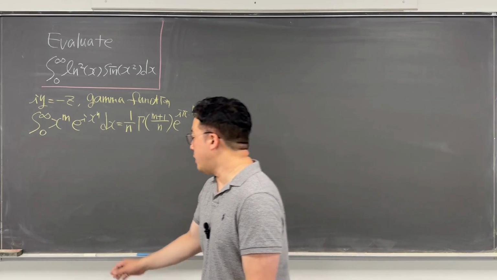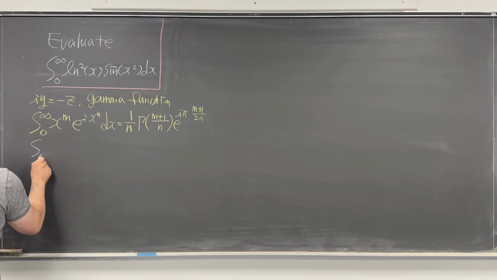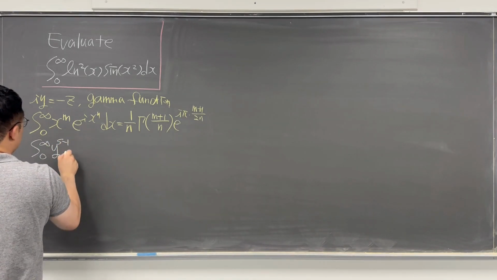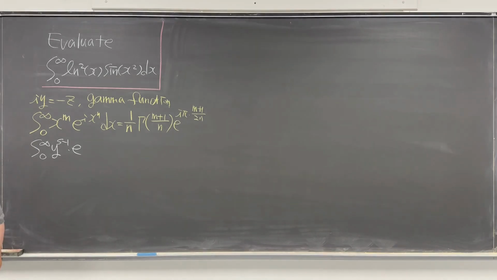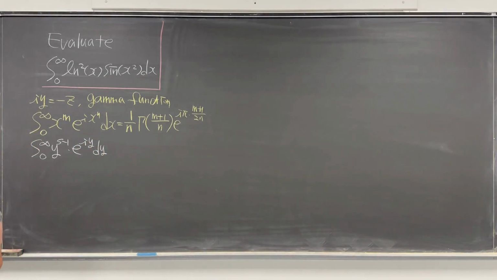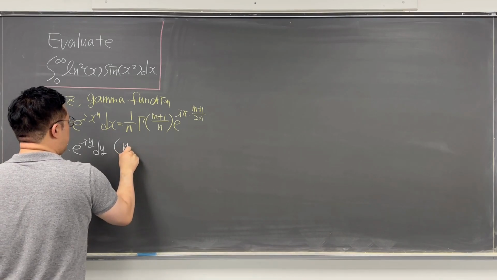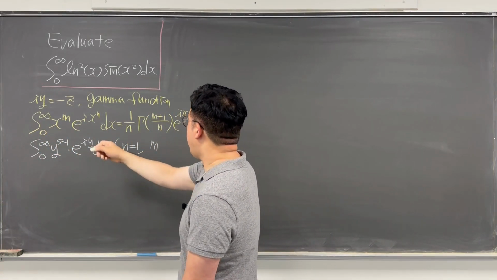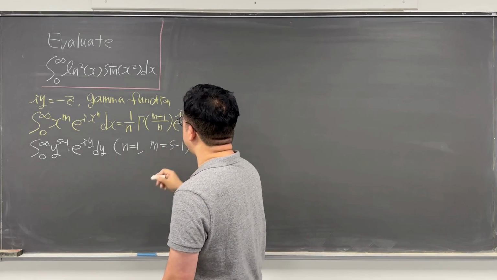Then our integral was the integral from 0 to infinity of y to the power of s minus 1, times e to the power of i y, dy. One of them. This has to be the same as when your n is equal to 1 and your m is s minus 1.